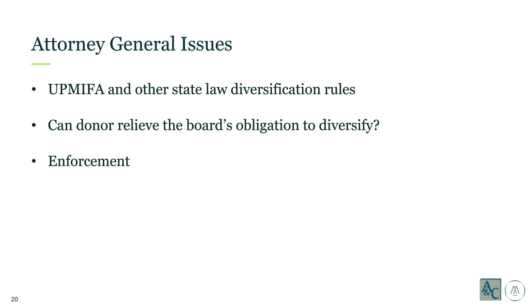Basically, this applies to all gifts, not just complex gifts, but charitable organizations. The board has an obligation to protect the assets of the charity, and that includes investing prudently. The Uniform Prudent Management of Institutional Funds Act, or UPMIFA, is the law in 49 states, and even the 50th state has similar laws on the books.